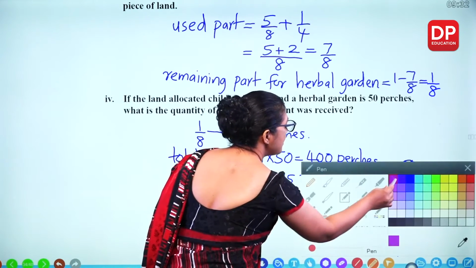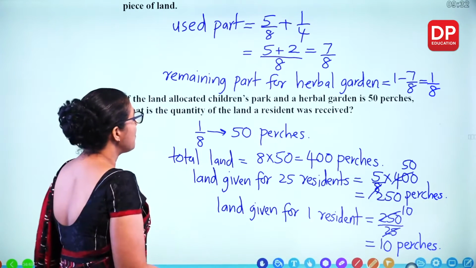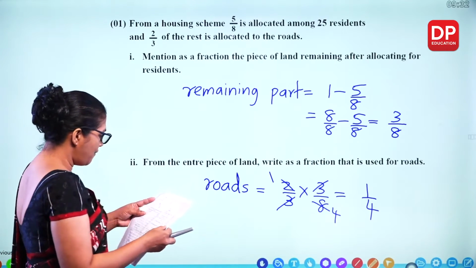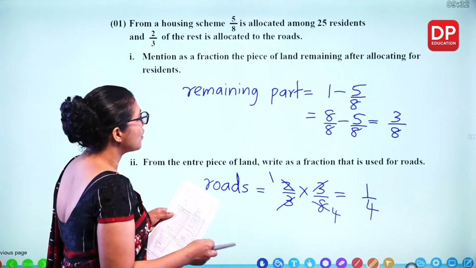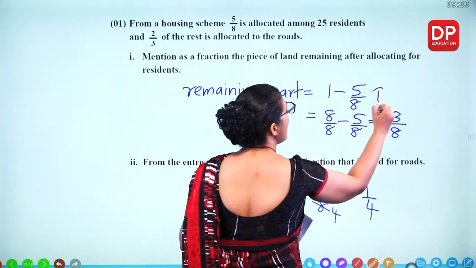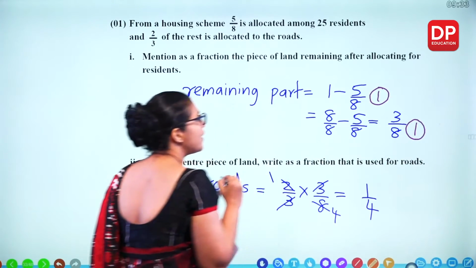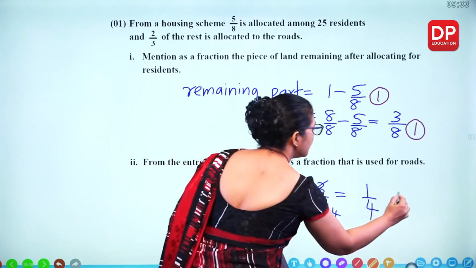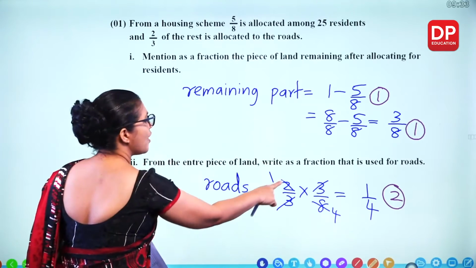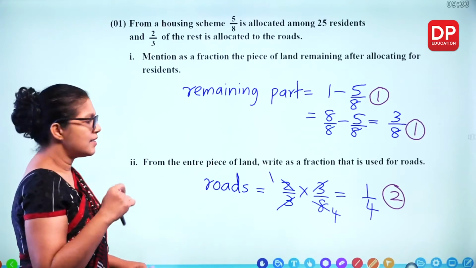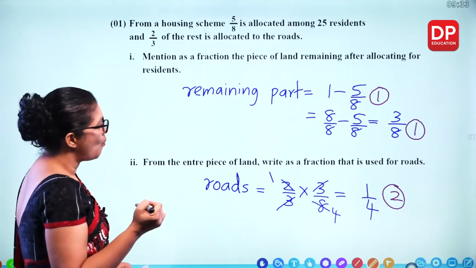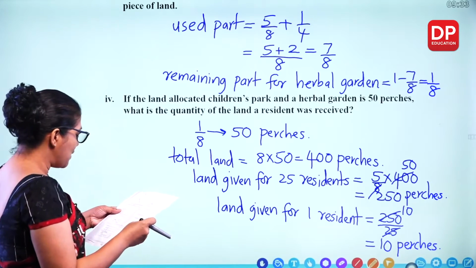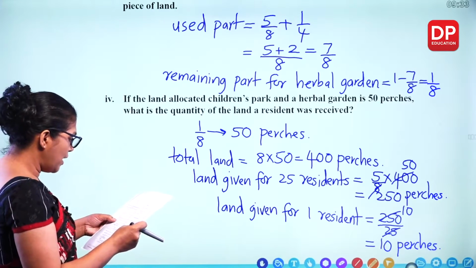Now we'll look at the marks. Let's look at the marking scheme. So you are given 2 marks for the first part, 1 and 1 here. And the second part, 2 marks. Finding 2/3 of that, 1 mark, and 1/4, 1 mark. So 2 marks. So 4 there. And the third part, you are getting 3 marks.